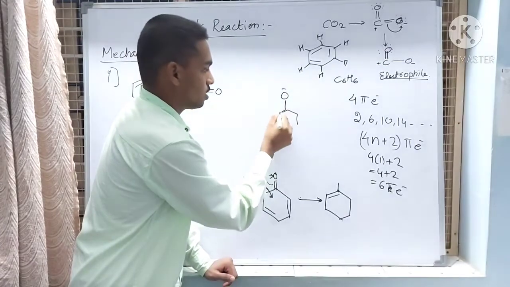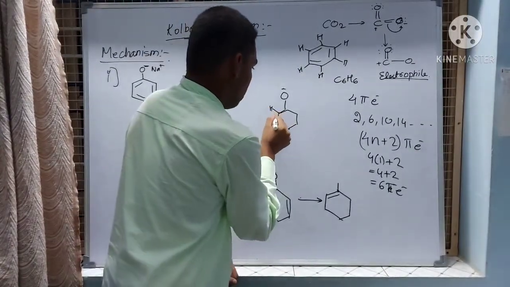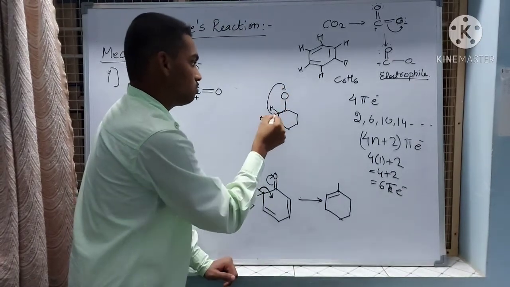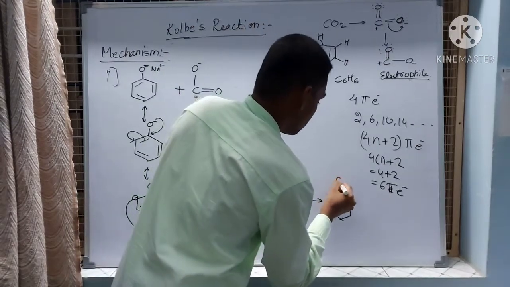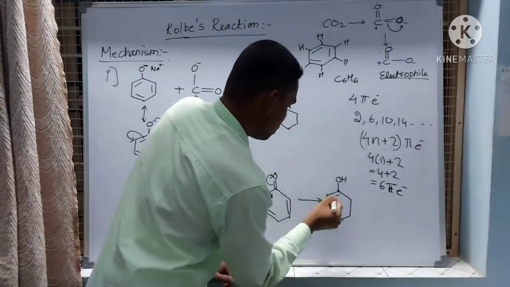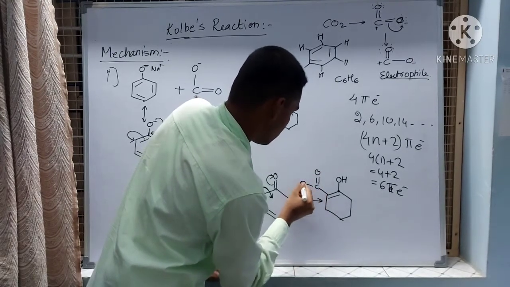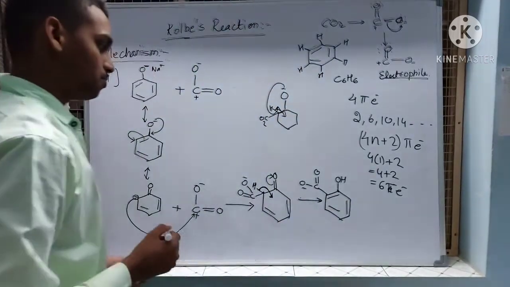It will be somewhat like this. This negative charge will be taken away by this hydrogen. So this will become OH here, and carbon dioxide as it is, no change with it, and this is going to be the structure. So this is what I got here.